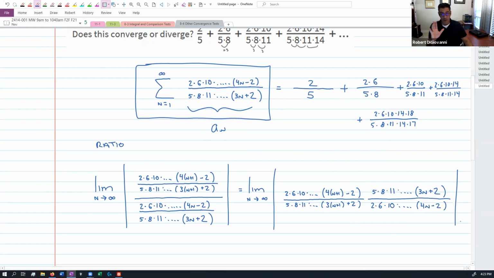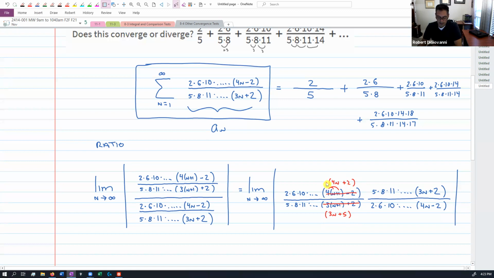Okay, so really an important step here. Let's make sure we understand that when you distribute the 4 through, this is 4n plus 4 minus 2, which is going to be plus 2. This one, when you distribute the 3 through, you get 3n plus 3 plus 2 is plus 5. So that's this last one. So that's what these two are.